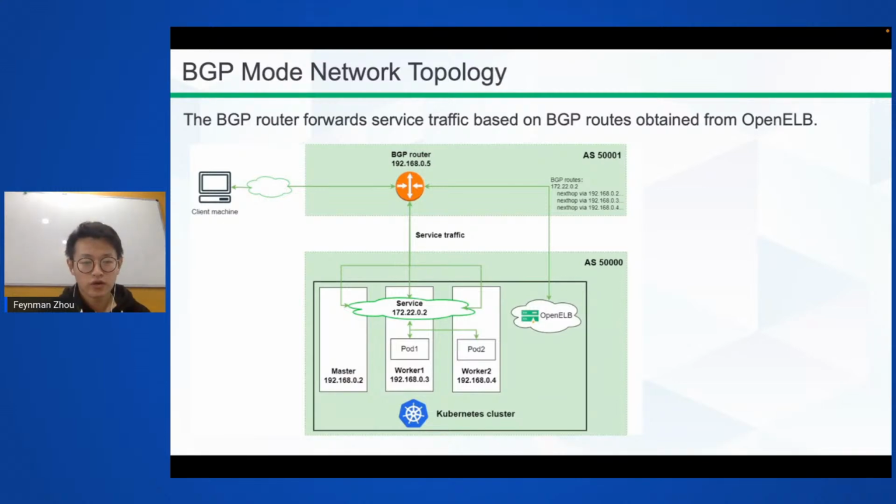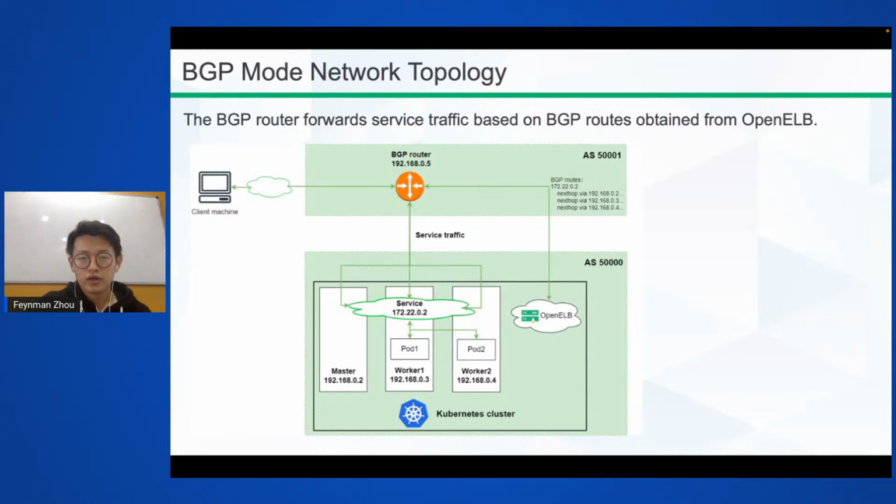As you can see from this graph, the most different part is that BGP mode provides a built-in high availability mechanism for running OpenELB itself and exposing services outside the cluster. As you can see, at the beginning, OpenELB will first help you match the BGP rules to the service IP address.